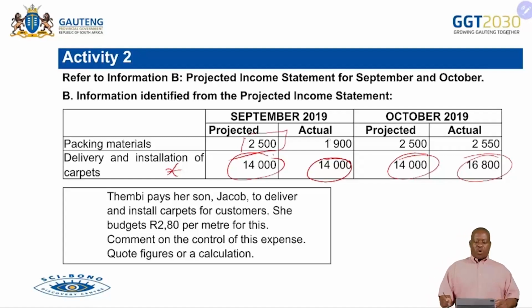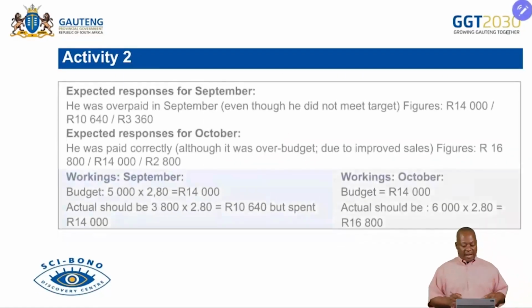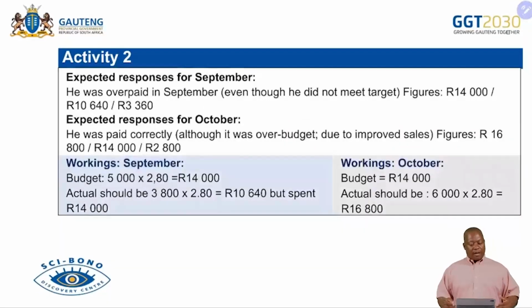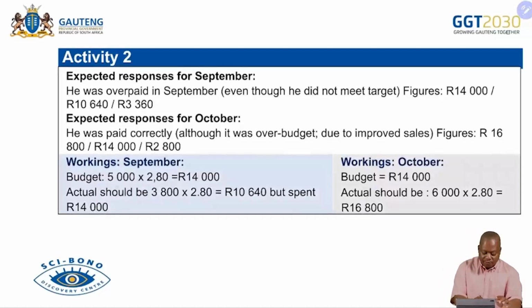But when it comes to October, there was an increase in packing material use. So it means we did more work than we actually budgeted. And there was also an increase in the amount, but is it proportional? That's what we are checking here. So let's check what it is that we are expected to have here now. So you check on the workings.